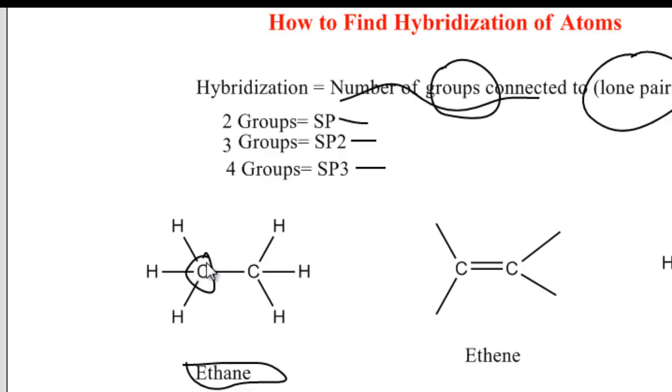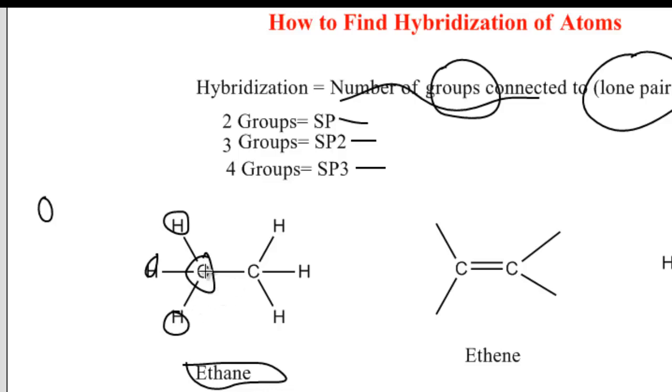is connected to. Here we don't see any lone pairs, so lone pairs is 0. Now let's count the number of atoms it's attached to. It's connected to one hydrogen, another hydrogen, and another hydrogen. That means it's connected to 3 different hydrogen atoms. And that's not all.